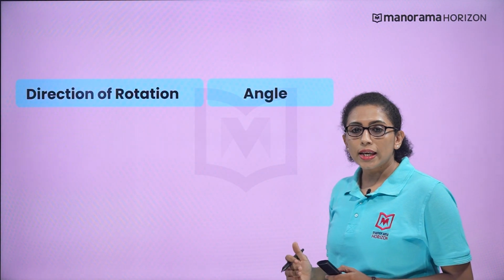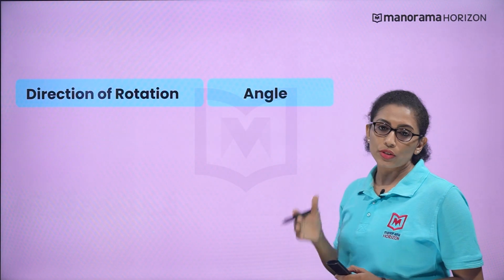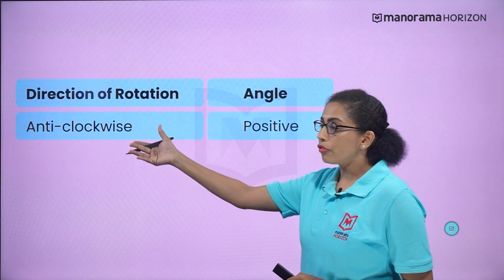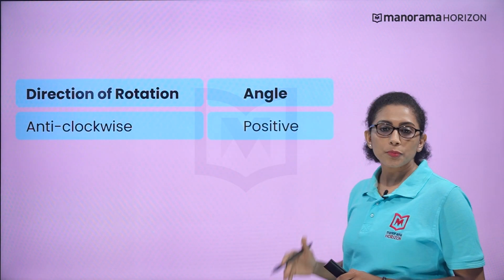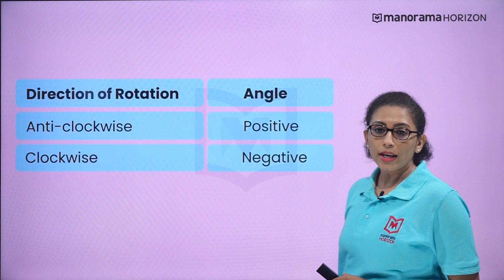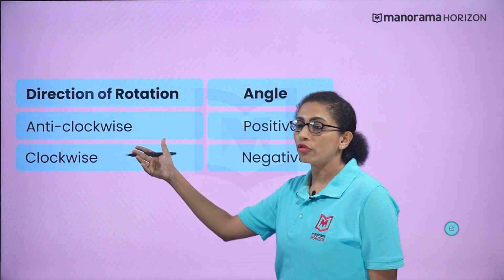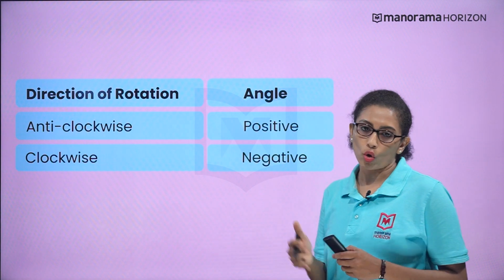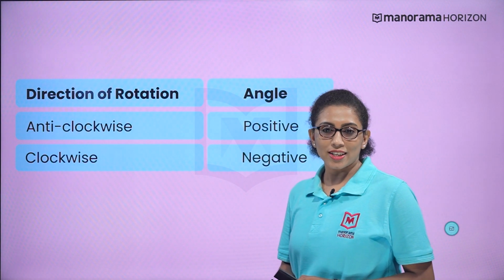Now, let's see how the direction of rotation and the angle are related. If the direction of rotation is anti-clockwise, the angle is positive. On the other hand, the angle is said to be negative if the rotation happens in the clockwise direction. Let's see the diagrams for better understanding.